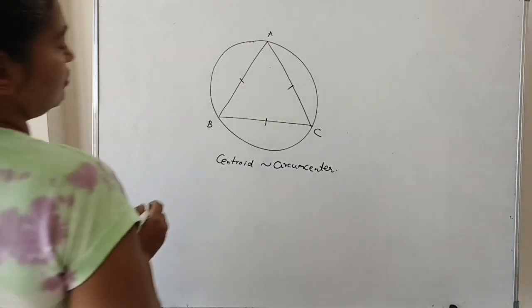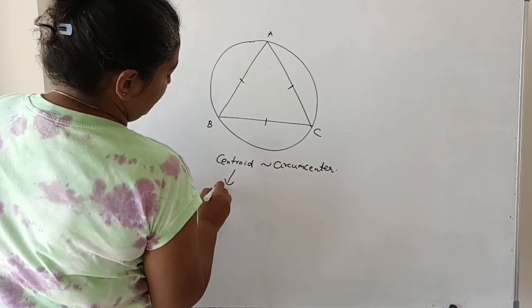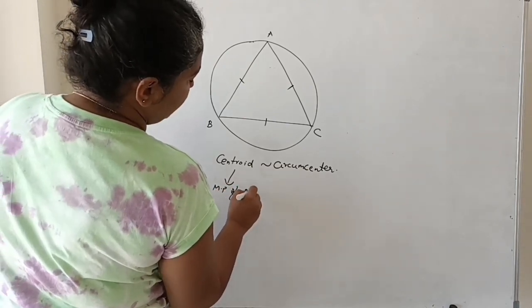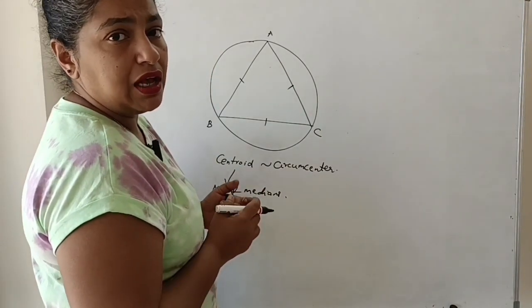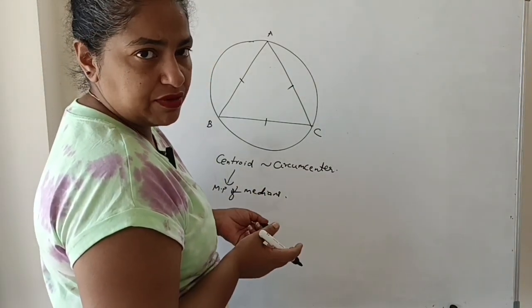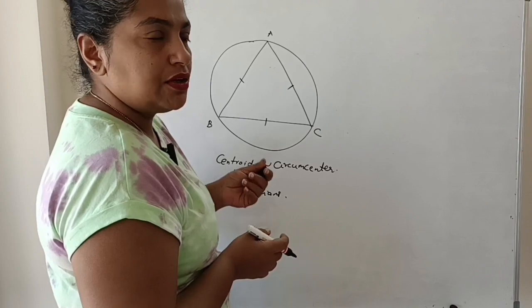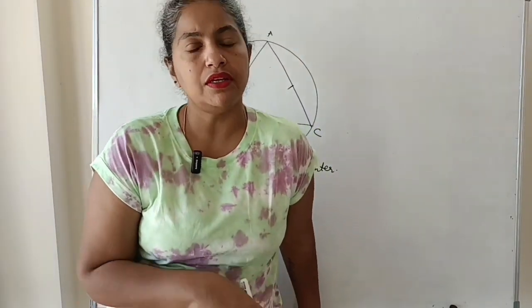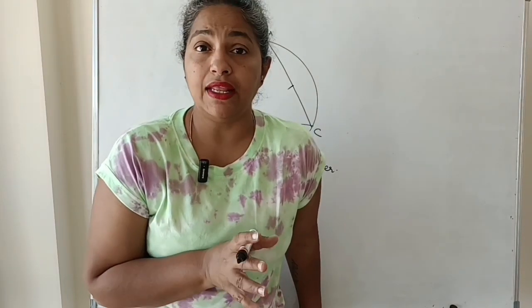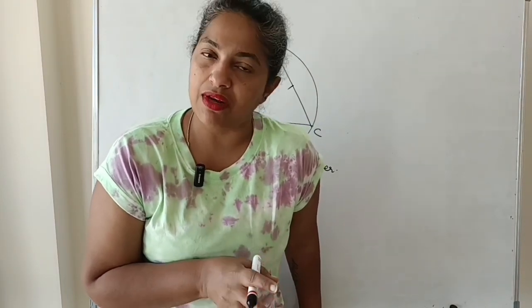Now, what do you mean by the centroid? Centroid is the meeting point of the medians. Now, what are medians? Medians are lines drawn from the opposite vertex to a side of the triangle in order to bisect it. Now, for an equilateral triangle, you know that the median, the altitude and the angle bisector all become the same line only.